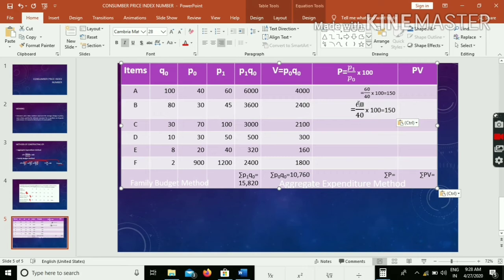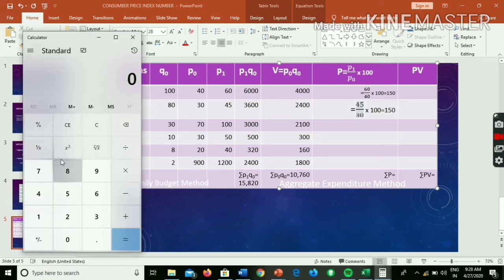Next, 45 divided by 30 into 100 is again 150.